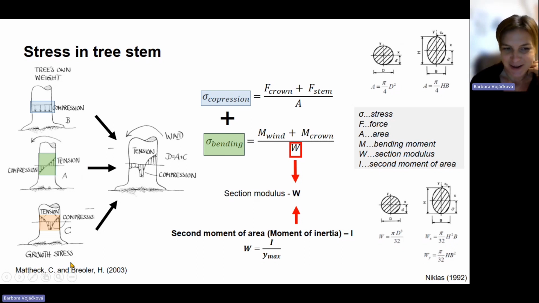I assume again that you already saw the pictures from Matek, who is telling us that in the tree we can have compression stresses, bending stresses, which combine tension and compression, and growth stresses. Usually in the analysis, we do not work a lot with the growth stresses, but we compute the compression and bending stresses.